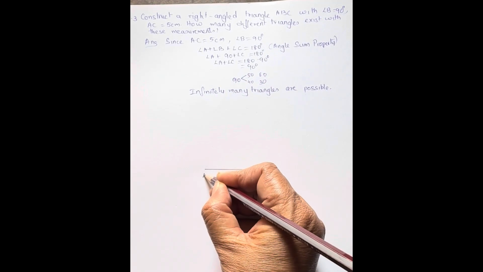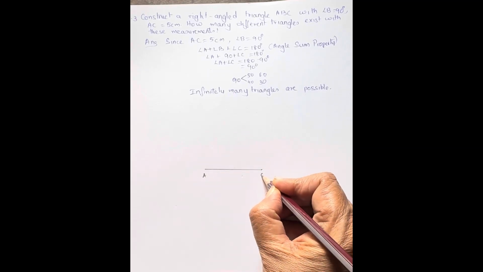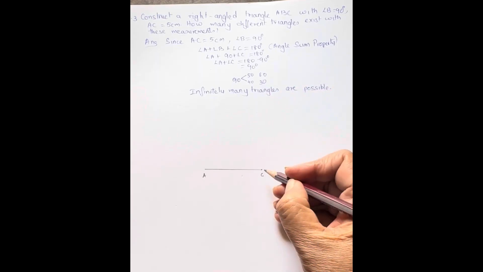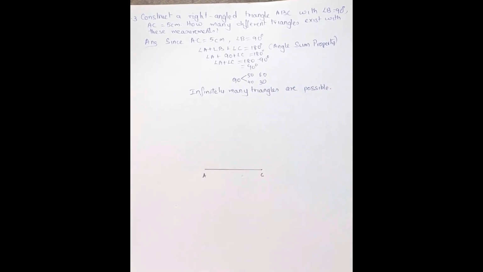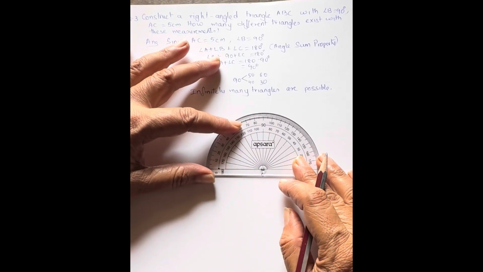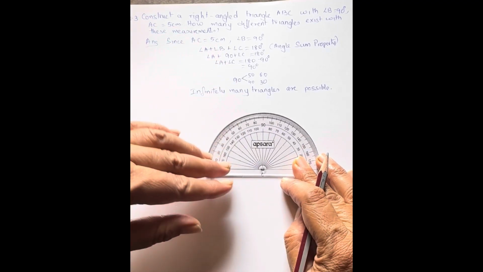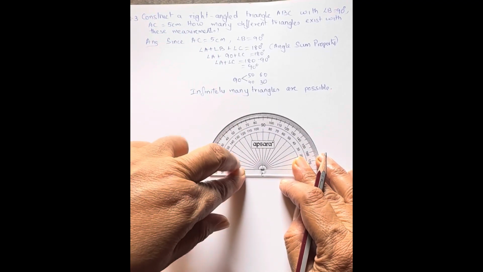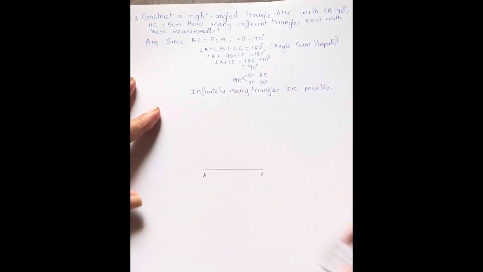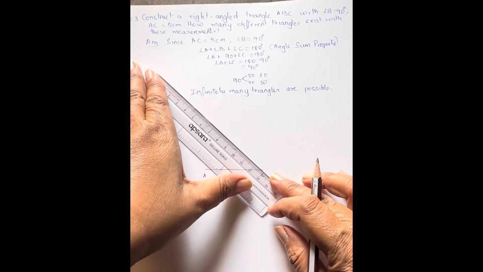We don't have B right now, the point B. This is A and C. So out of the many possibilities, suppose we take angle C as 40 degree. So we keep this point here and we mark a point for 40 degree and we join this line.